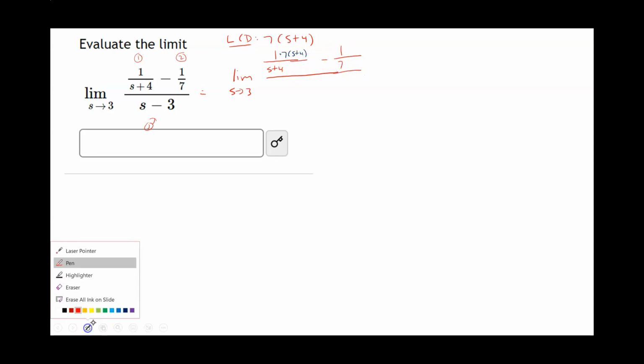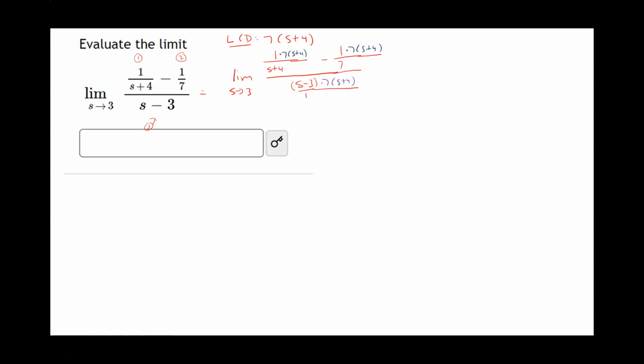And remember, every single numerator is going to get multiplied by 7 times s plus 4. Now, same thing happens on the denominator. Remember this is like s minus 3 over 1. So the numerator here is s minus 3. And we're going to multiply the s minus 3 also by 7 times s plus 4. Okay, so that's step number 1.